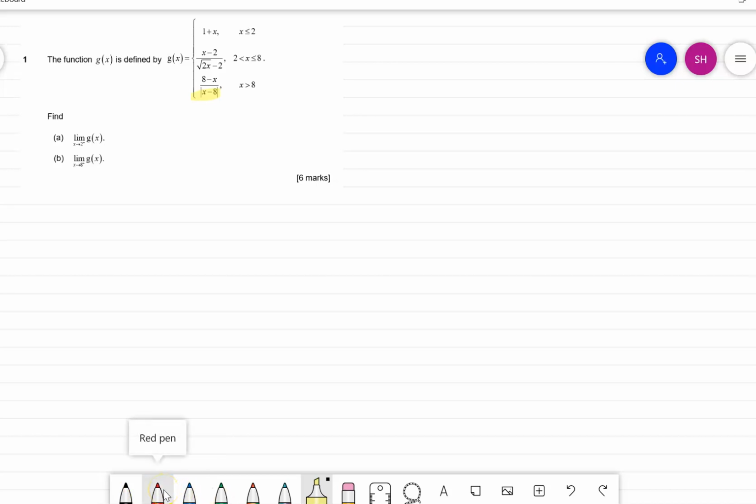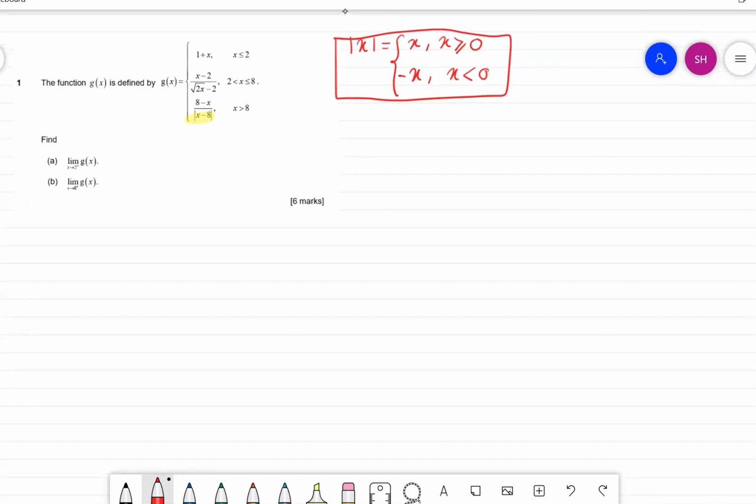The basic concept: when you open the modulus of x, there are two possibilities. One is positive x, with the condition that what is inside the modulus is greater or equal to 0. And the second function is negative x, with the condition x less than 0, meaning inside the modulus less than 0. So this is how to define the modulus.